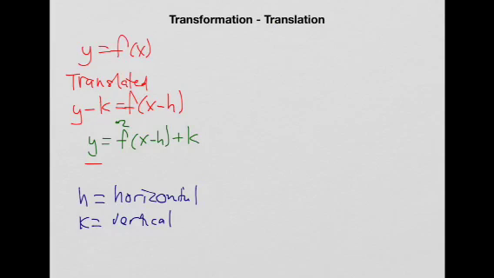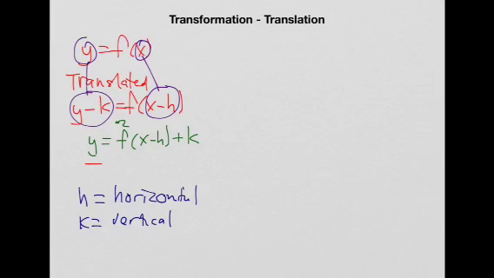Finally, let's see how this relates to actually writing equations, not just working with graphs. If we notice what we're really doing, we're taking the x value and replacing it with x minus h. We're taking the y and replacing it with y minus k.